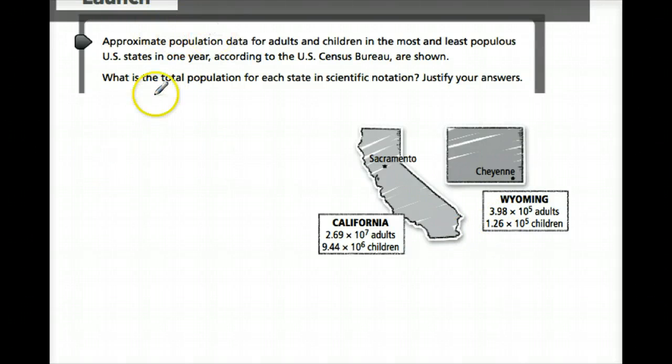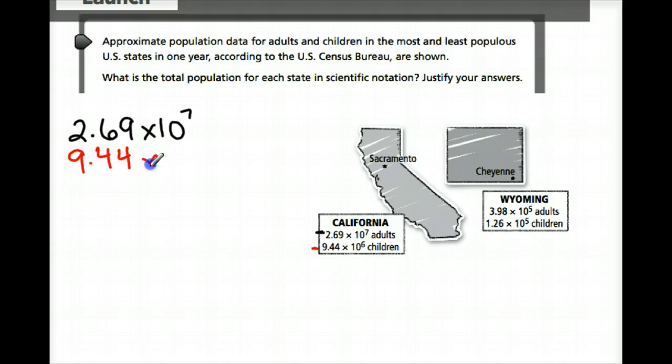So I'm going to write first 2.69 times 10 to the 7th. That's going to represent this one right here. Then I'm going to write this one here, 9.44 times 10 to the 6th.